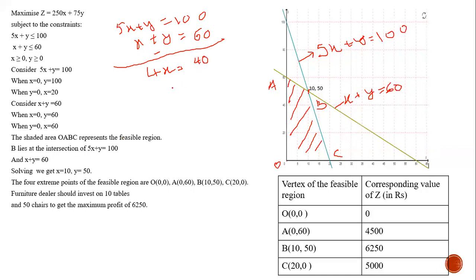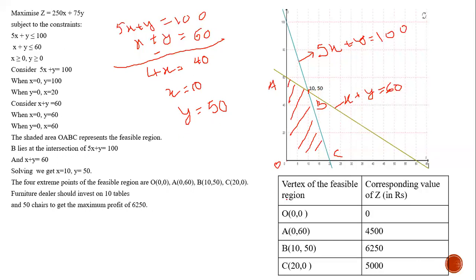So on solving, we get x = 10. Once you know x, substitute in any one of the equations to find y. It is easy to substitute in the second equation: x + y = 60. Since x = 10, y must be equal to 50. So B lies at the coordinates (10, 50).